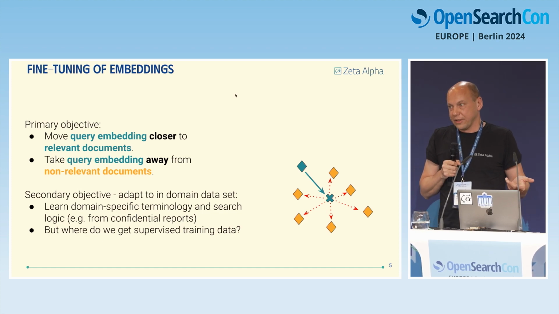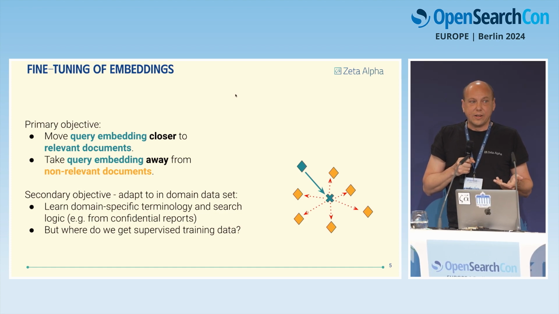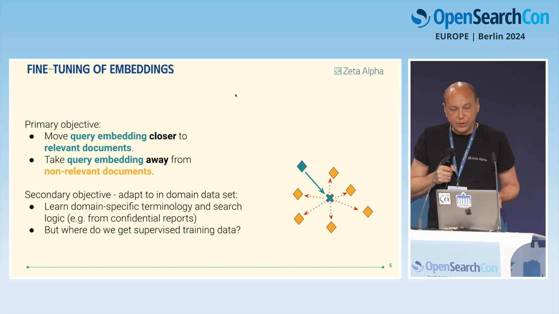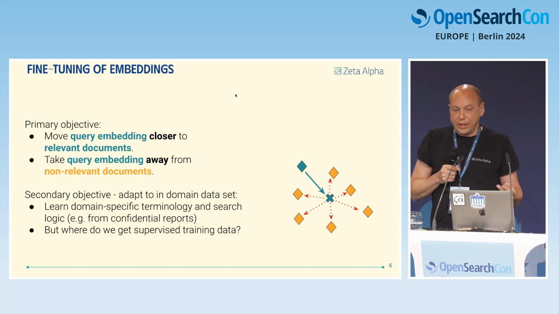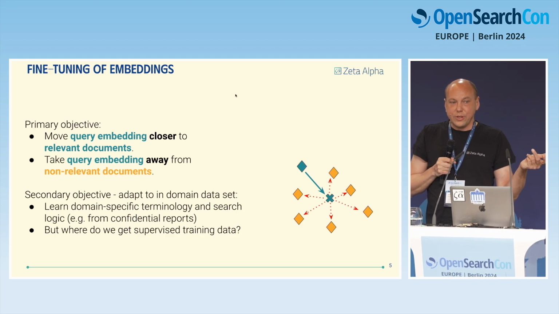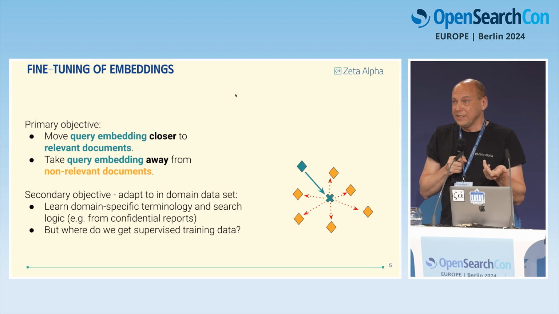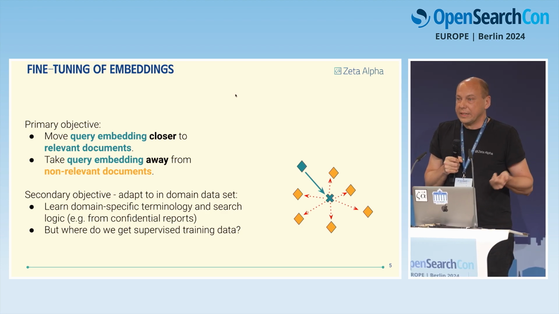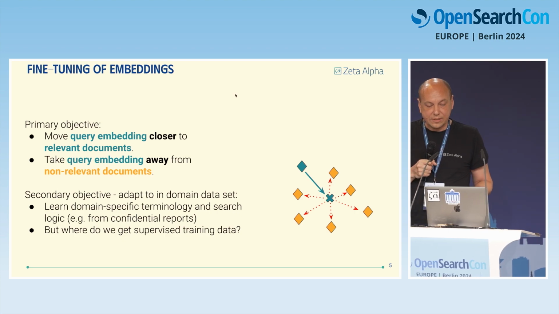It's quite easy. It's actually not very compute intensive. You can do it in, let's say, a few hours of compute. And the idea behind fine-tuning is that you move queries and documents that are relevant to each other closer to each other in the space, and non-relevant documents further away from those queries.